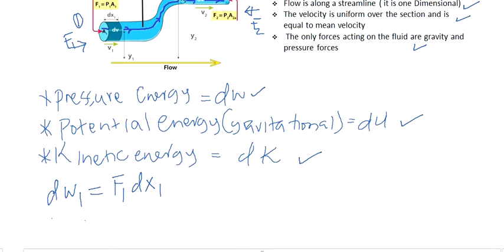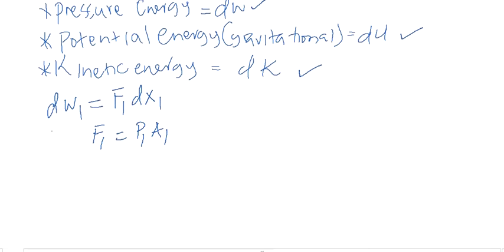And since F1 is equal to pressure P1 times the cross-section area A1, the work done dW1 by pressure is equal to P1 A1 dx1.